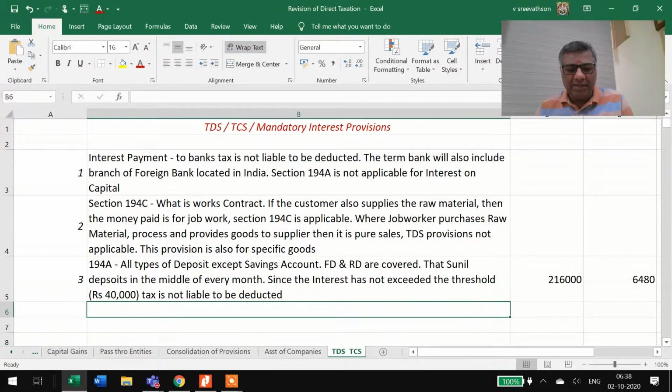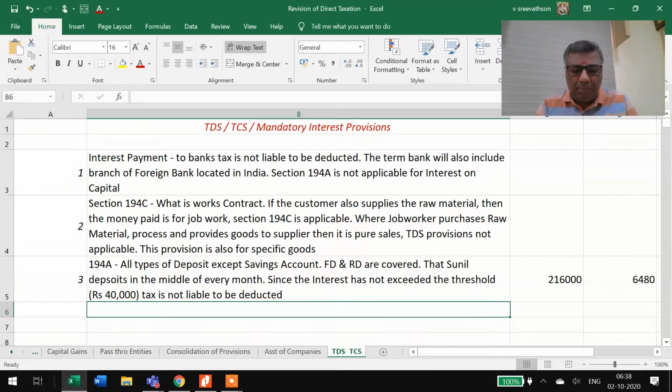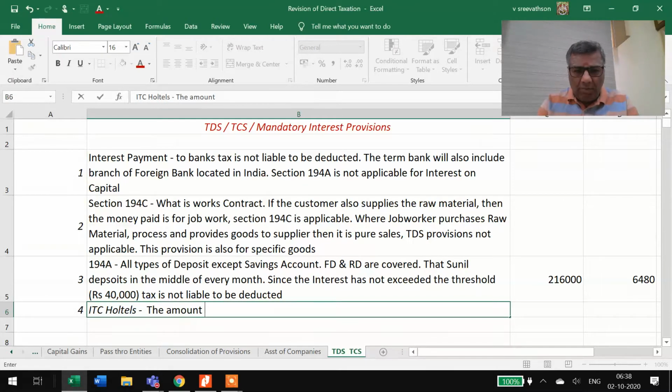Fourth, Annalakshmi Hotel does not permit customers to directly tip the service providers but collects it as a fixed percentage of the bill, and the same is paid to all employees on an equitable basis. The amount paid by the employer is not part of salaries.